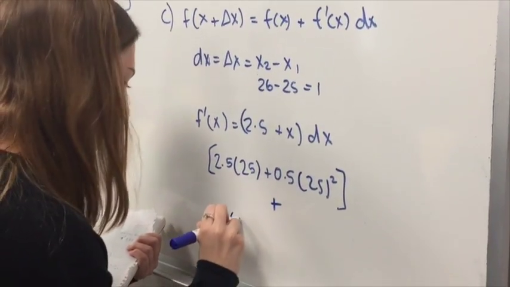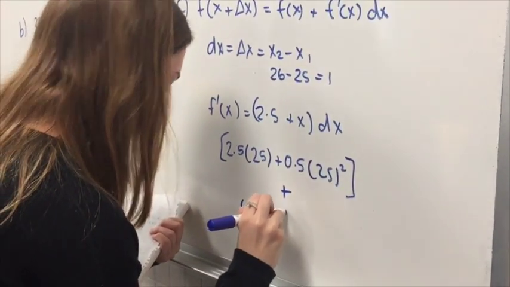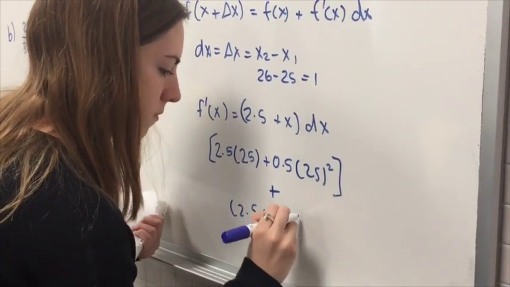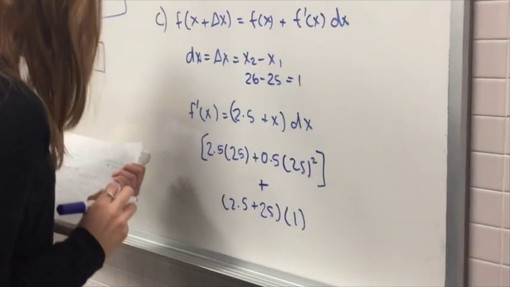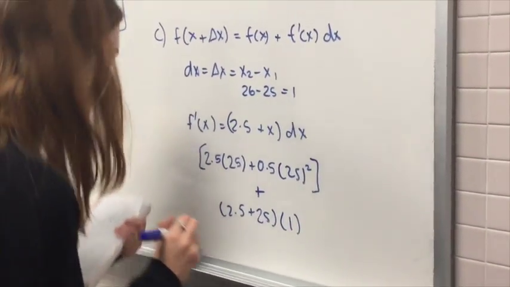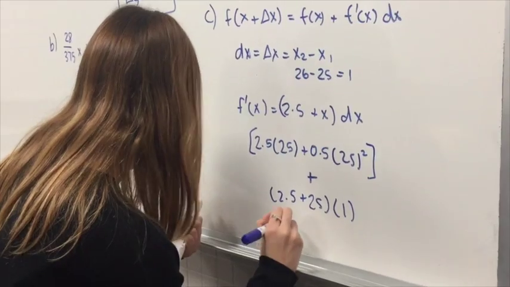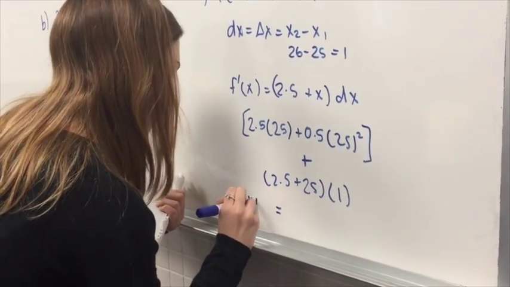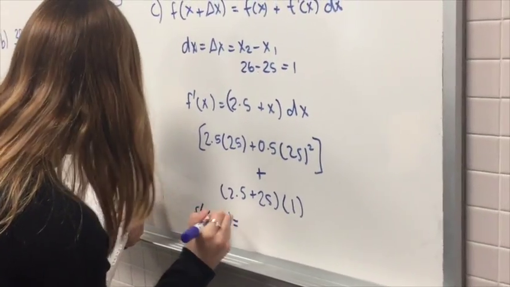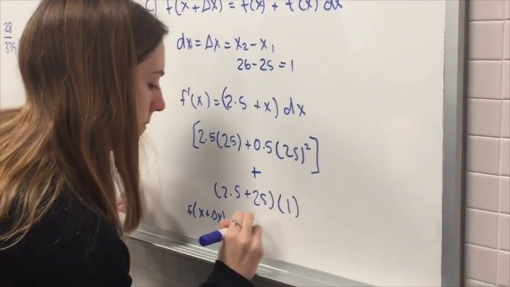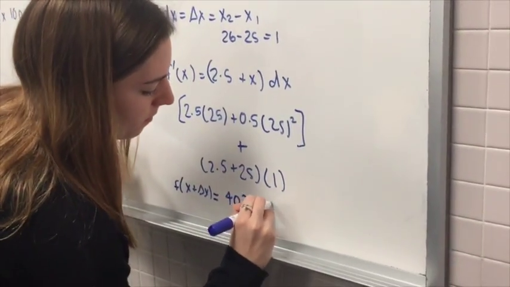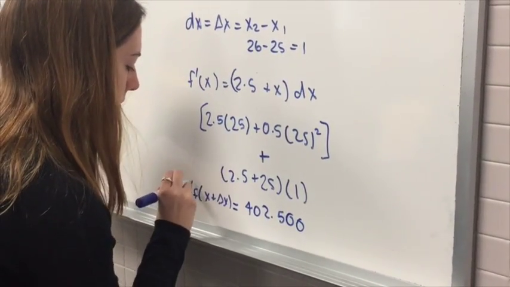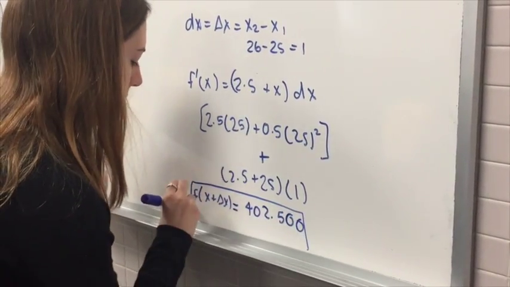And then we add 2.5 plus 25 times 1. And we get the answer, $402.5.